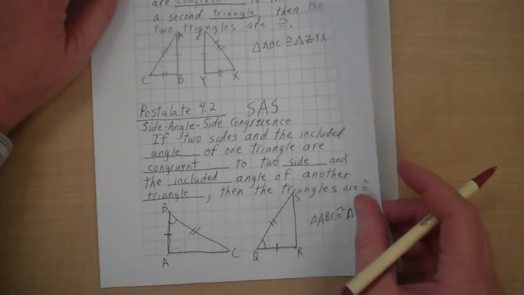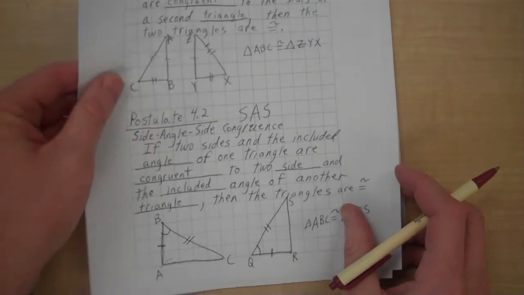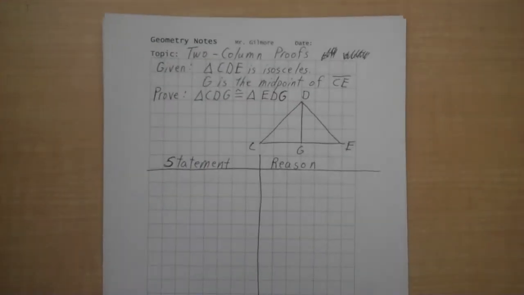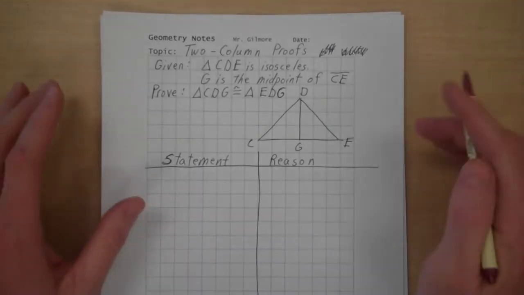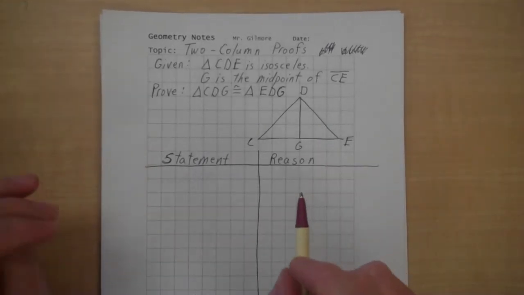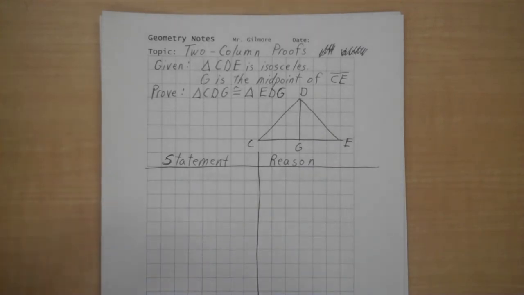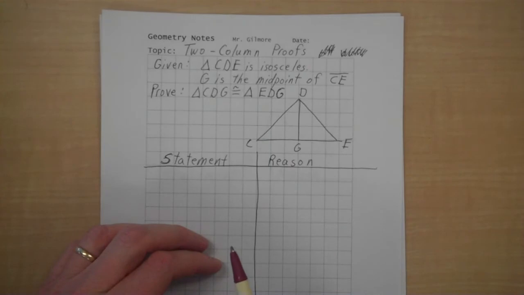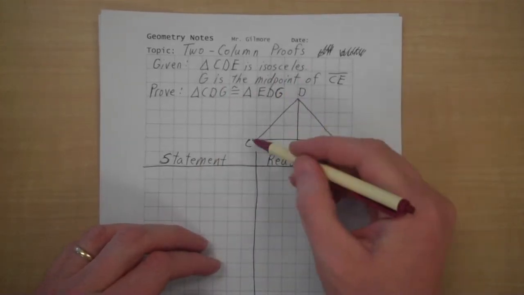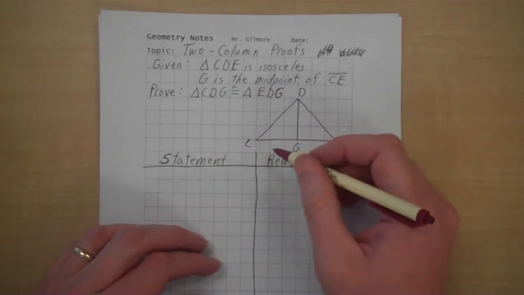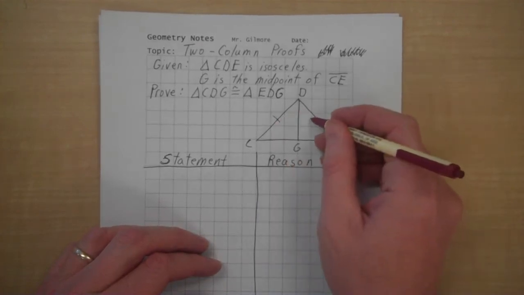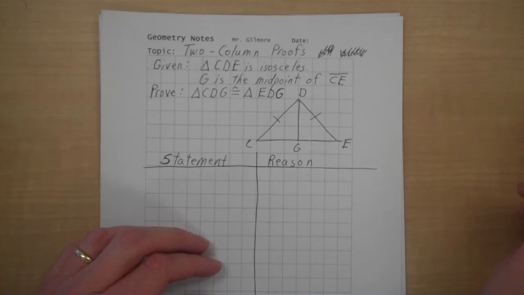Now we're going to try a couple of proofs here. And we are relatively new to this, and I understand that. But I want to go through and show you how to prove two triangles are congruent using some of the things we've just learned. Now triangle CDE, the big triangle, outside triangle, is isosceles, with CD congruent to ED.